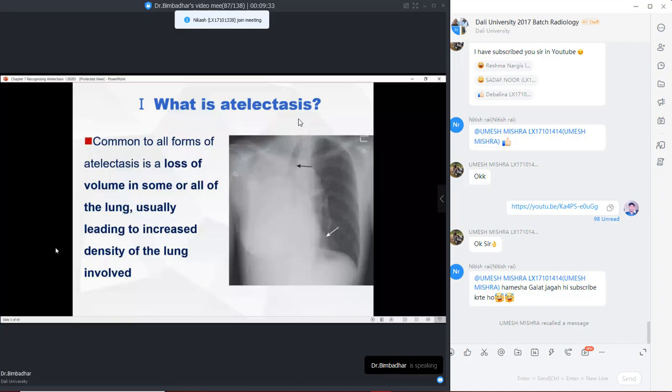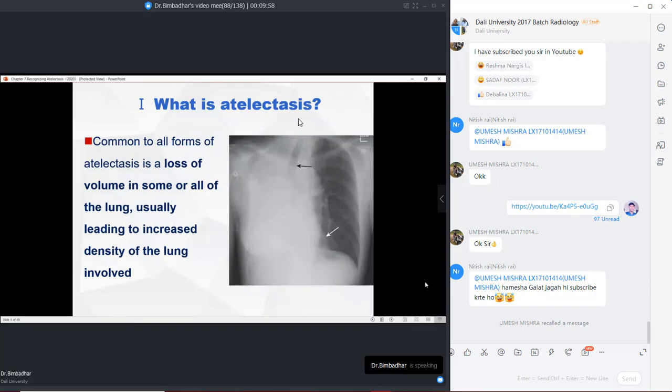Or it could sometimes involve the whole lung, so we call it collapse of the hemithorax, whether it happens on the right side or the left side. It doesn't make a big difference in the terminology, but it is still called atelectasis. Because of this collapse, there will be increased density of the lung.